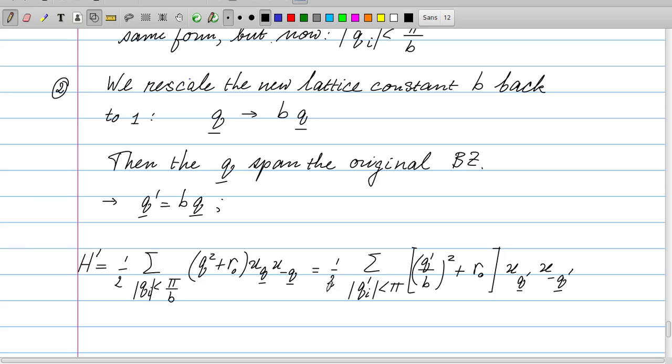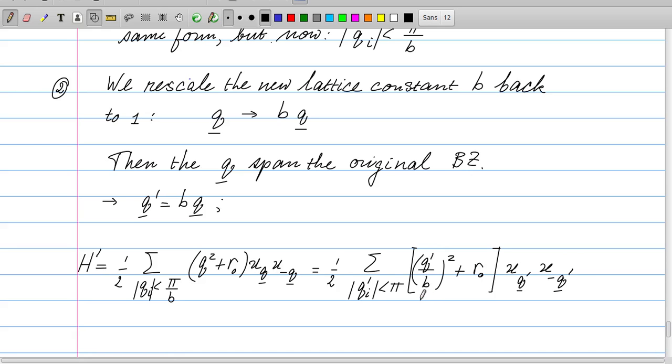And if we then rescale this q to qi primed, then we have the sum over the full Brillouin zone, but we see that we have to pay a price, because if we want now to express the Hamiltonian in terms of the new q primed, for the x it doesn't really matter, they get primed, but here we see that a q primed is scaled by a b in the denominator, a b squared to be specific.